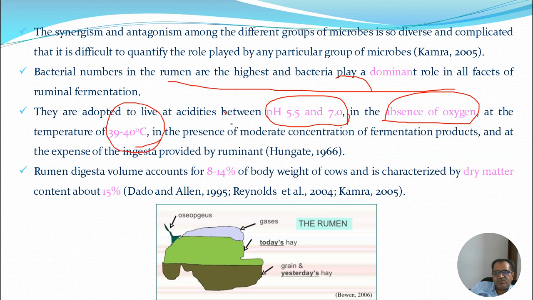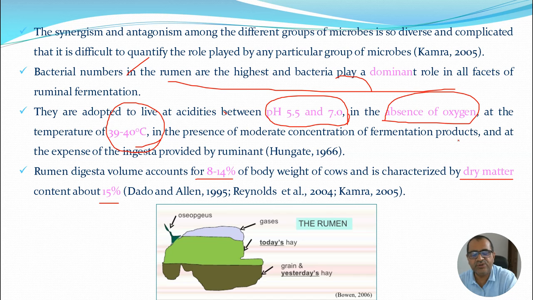In the presence of a moderate concentration of fermentation products, several types of liquids are released. The rumen digesta volume accounts for 8 to 14% of the body weight of the cow, and it is characterized by dry matter intake, with the content being about 15%.